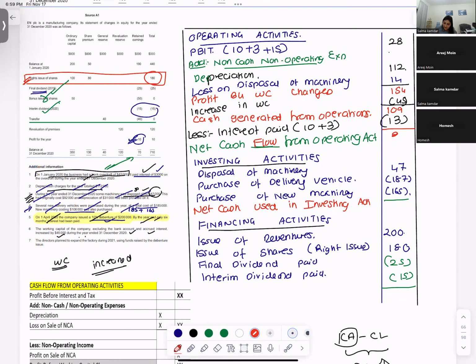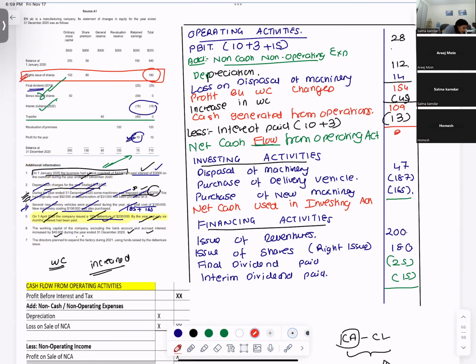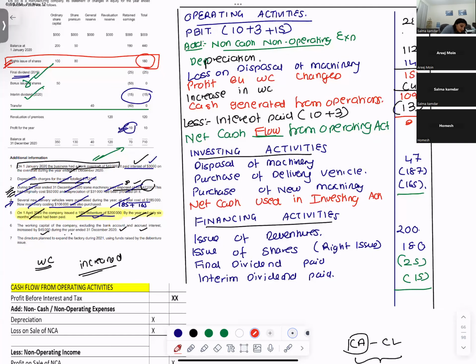187 plus 165, 352 minus. Have I done 185 and 106, right? New machinery. Miss, it's 106, you wrote 165 by accident. Let me calculate that again.